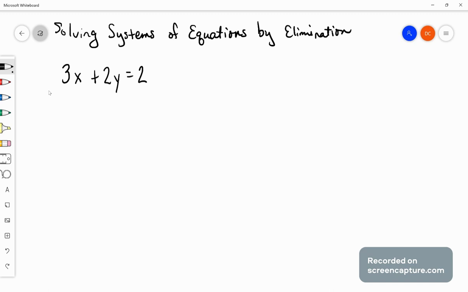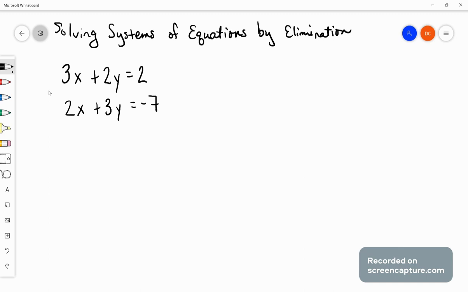Okay, so in this example, you're going to have to remember with the elimination method, you want to get rid of one of the variables by multiplying your equations so that they have the same coefficient, just one being a positive and one being a negative.